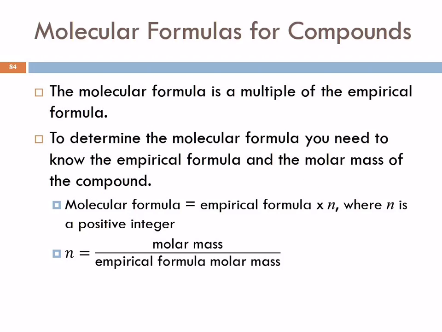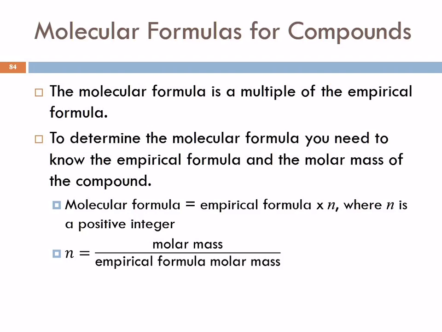The molar mass of the compound is something that we can obtain using mass spectrometry. In Chem 1A, we don't do mass spec. So you're going to encounter problems like this in Mastering Chemistry and on exams. The molar mass has to be given to you because you have no other way of finding it out. So we have to tell you what the molar mass is.